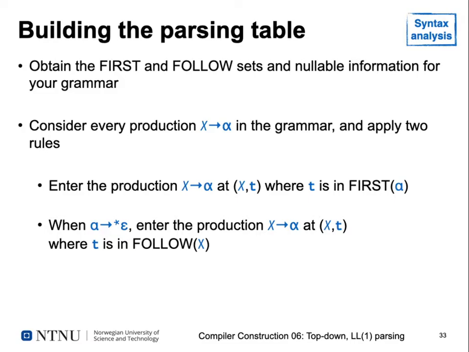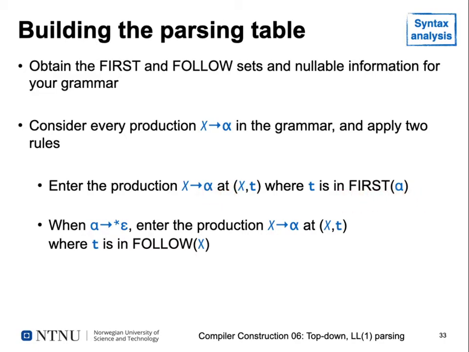So now we need to build the parsing table. And we do this obviously by obtaining the first and follow sets and also the nullability information for our grammar. And then we take a look at every production, X derives an alpha, so we've seen alphas are the combinations of terminal and non-terminal symbols. And then we try to apply two rules. First, we enter this production, X derives alpha, at a location in our table, X t, where this character t, a terminal symbol, is in the first set of alpha.